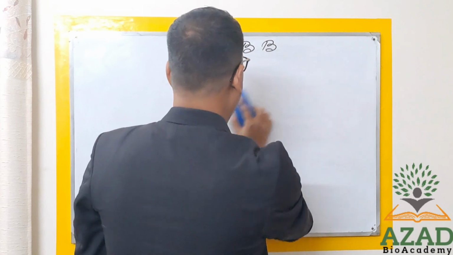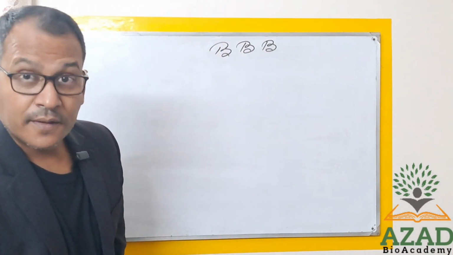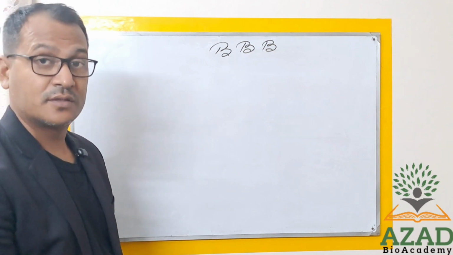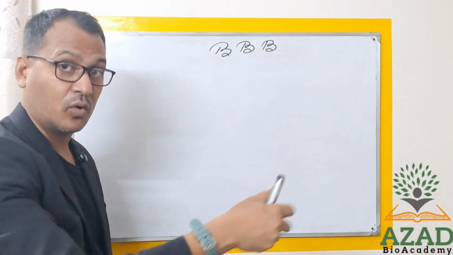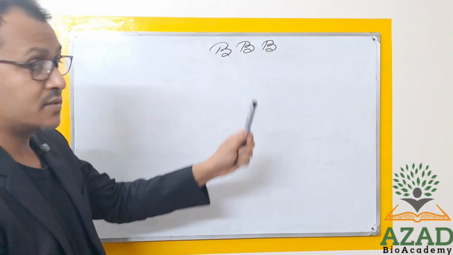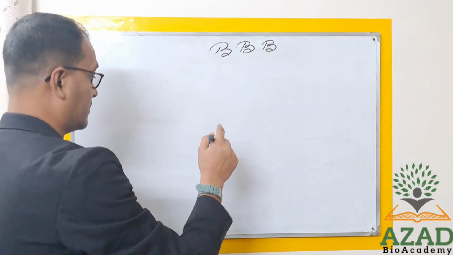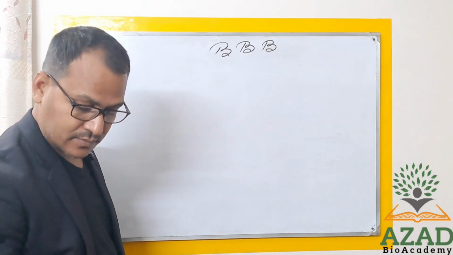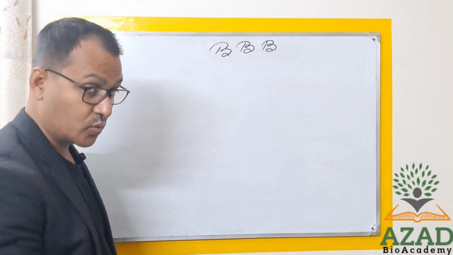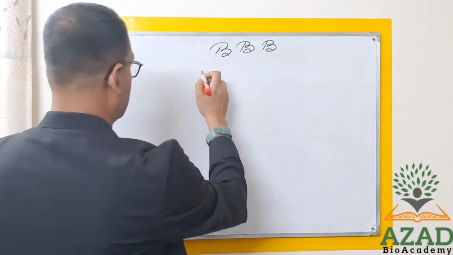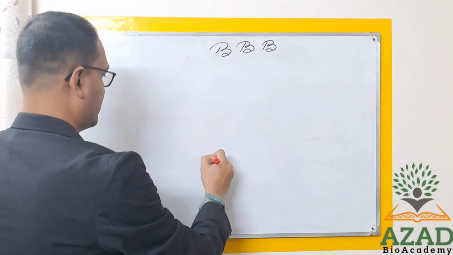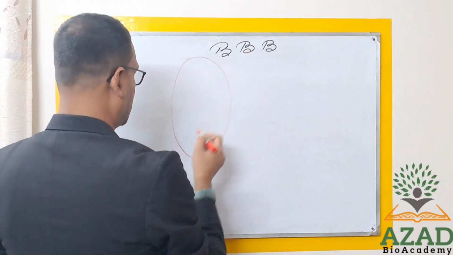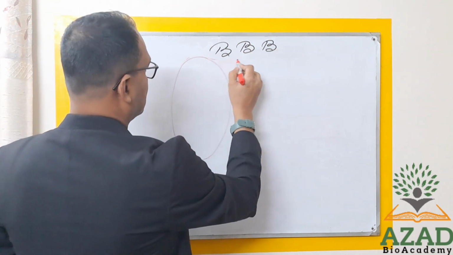As I already said, the blood-brain barrier is a special type of barrier which is not a physical barrier like a wall. So what is the barrier? Okay, I will draw a large figure of a blood vessel or blood capillary within the brain. This is the blood vessel, blood capillary within the brain.